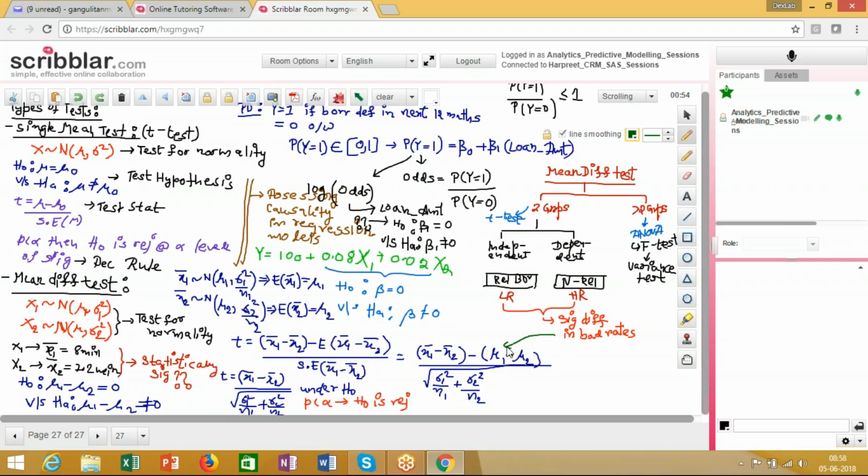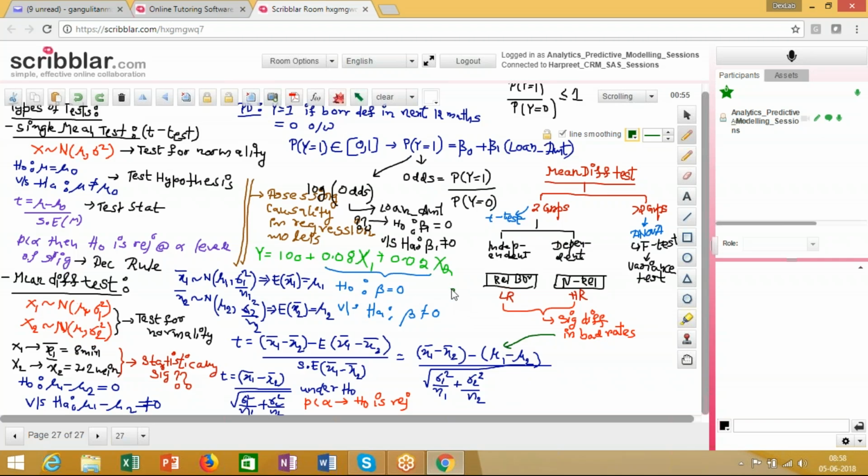So basically, one application of the mean difference test is in creating segments, in order to assess the stability of a segment created.